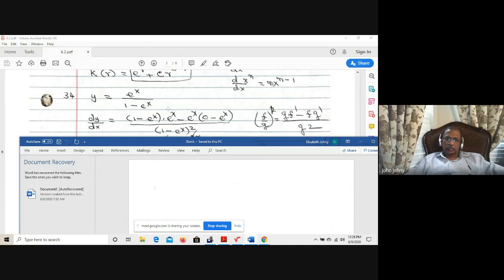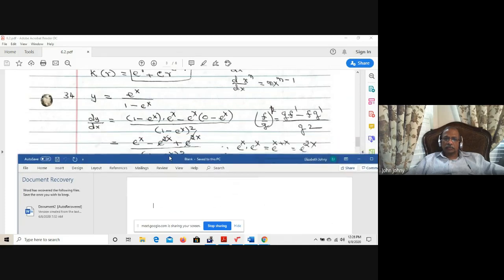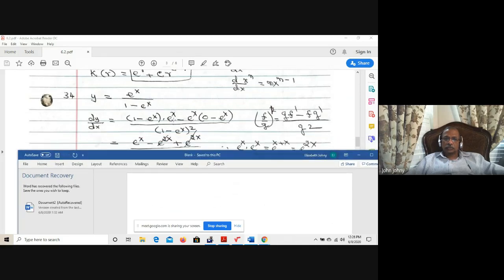So this is 1 minus e to the x times the derivative of e to the x, which is e to the x, minus the numerator, e to the x, times the derivative of 1 minus e to the x, which is 0 minus e to the x, whole divided by the square of the denominator, 1 minus e to the x, the whole square. Now you simplify this. You distribute e to the x here. e to the x times 1 is e to the x. e to the x times e to the x is e to the 2x, x plus x.